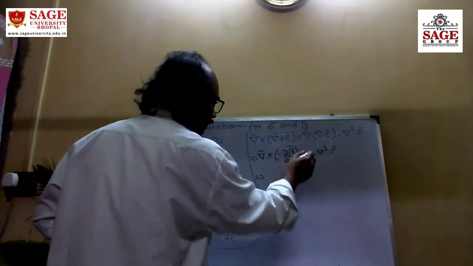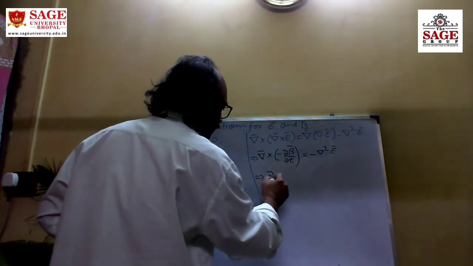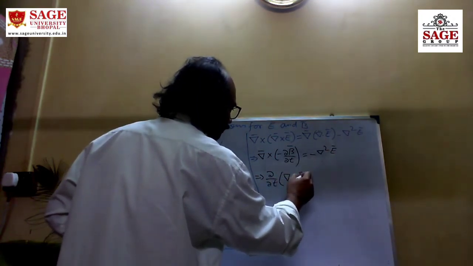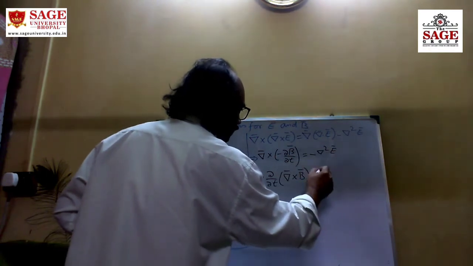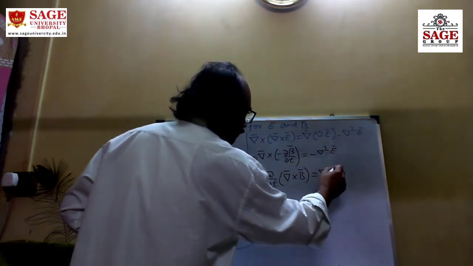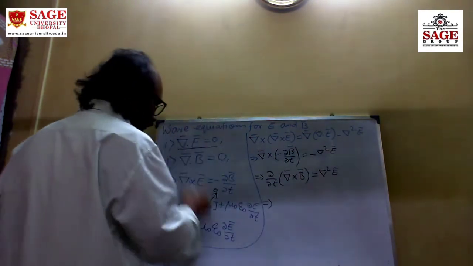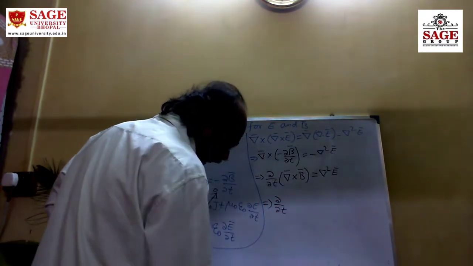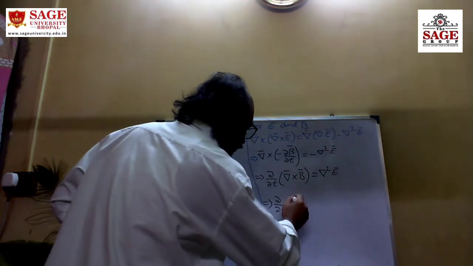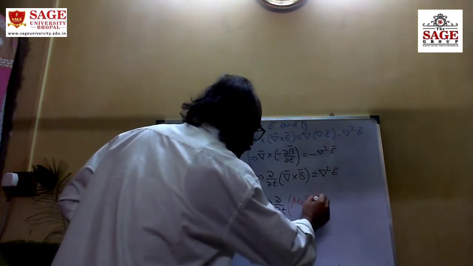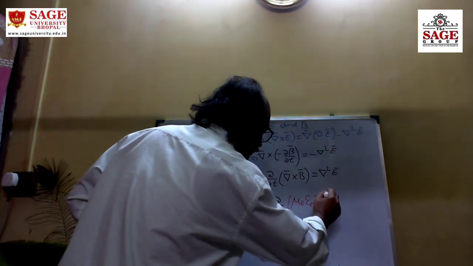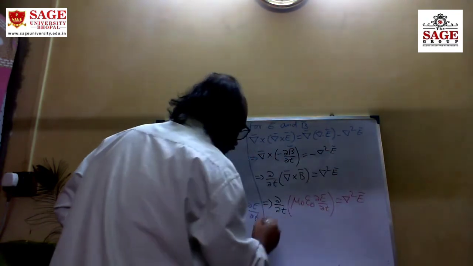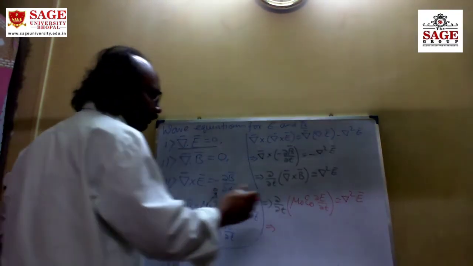We'll take curl inside, minus will cancel out, del by del t of curl B, which is equal to del square E. Curl B is mu naught epsilon naught del E by del t, that is equal to del square E. We'll do the rearrangement.